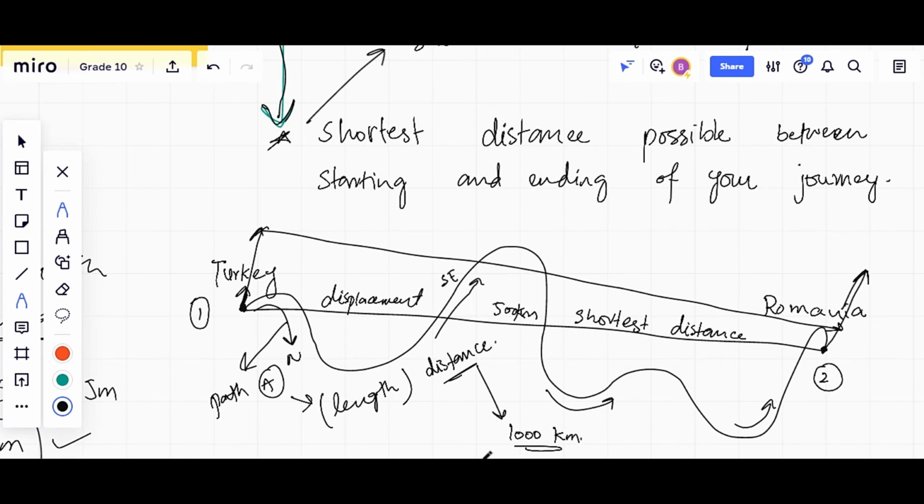Then again your direction keeps changing. So you cannot define one exact direction in which you're covering your distance. That's why we don't mention distance with direction. But for displacement, you must mention it, like: I am covering my displacement in the east direction, going towards point 2, and I have covered 500 kilometers east. So when you cover 500 kilometers east, you reach your destination, point number 2, at the end.